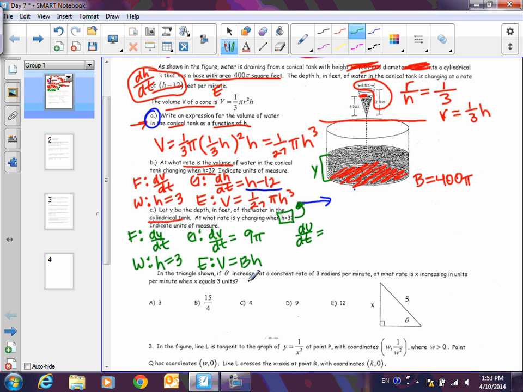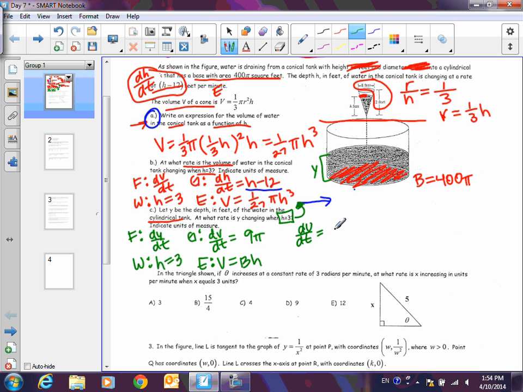Now, is big B a variable or is it a constant? It's a constant. Okay, I want to show you something. Let's say you didn't recognize that. We are going to be able to just change this to be 400 pi. We don't have to keep it as B. But let's say you didn't notice that, or in another problem, it isn't constant. You would have to use product rule here.